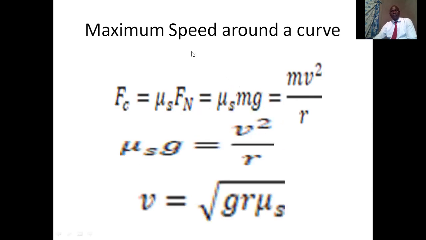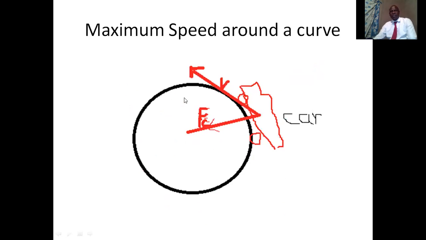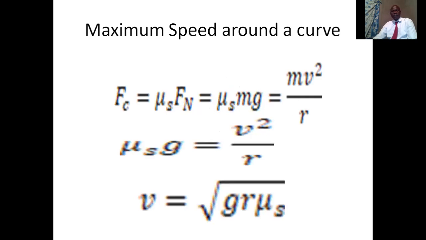The maximum speed around a curve would then be where the centripetal force is equal to the coefficient of static friction multiplied by the normal force. This force is also directed towards the center and resists the sliding of the vehicle, multiplied by mg, which is equal to mass times velocity squared over the radius.